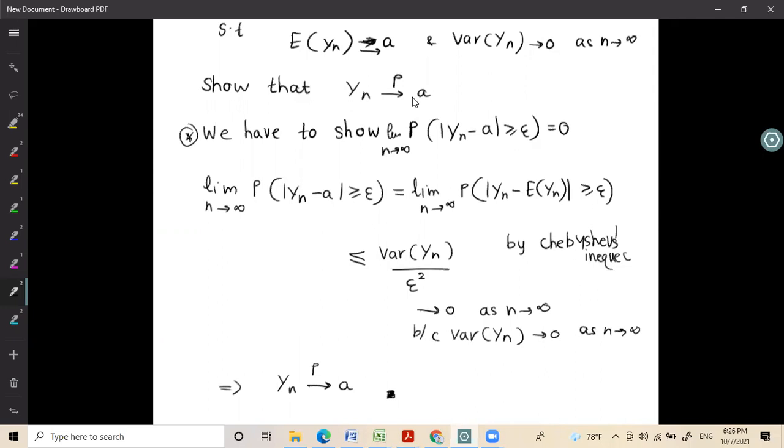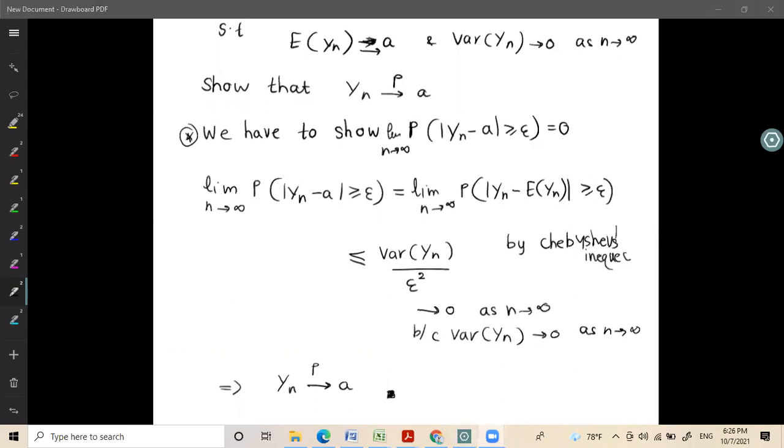Or if the PDF or the CDFs are given, then you can proceed with the definition of the CDF, and you can very easily show the convergence in probability. Okay, so those are the only things that you have to do. The thing is you have to figure out what method you are using. You will get very familiar after using it.